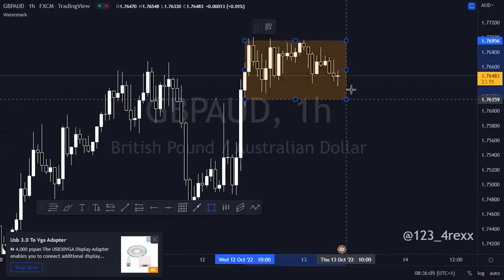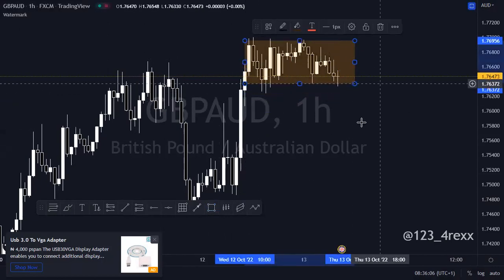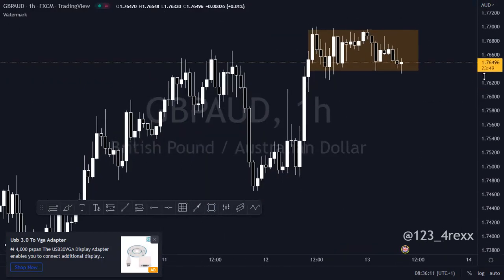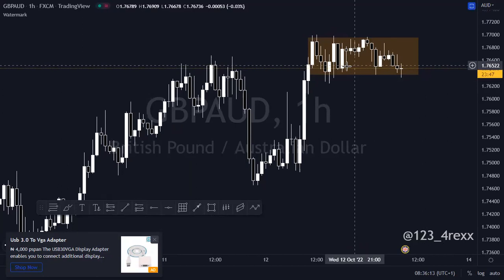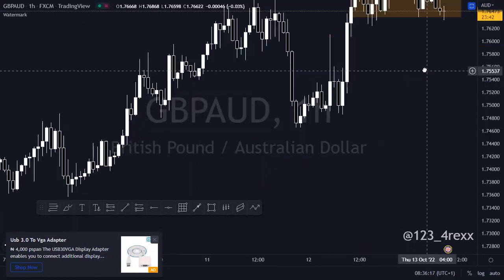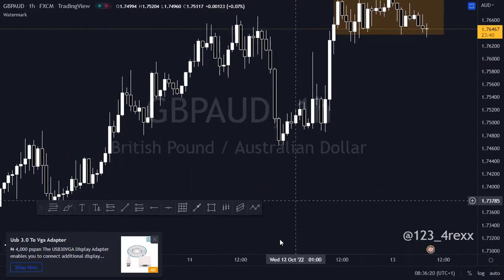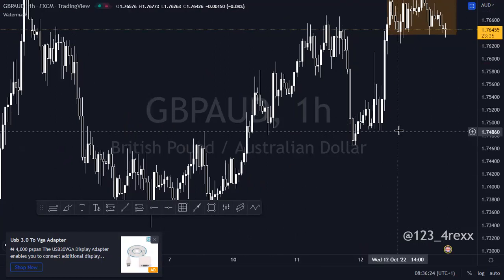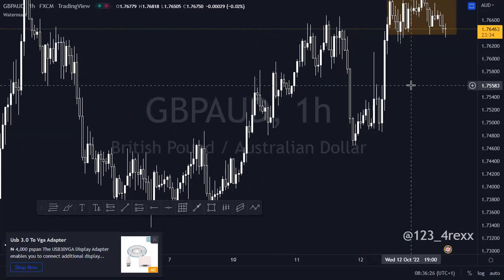It's doing that whole stuff here. Do you know why this pair is actually consolidating here? It's because these pairs move in the same direction. They are correlated. Do you understand? So it's going to be hard for you to see clean moves on them. That's why I don't like trading them, because the other ones have to basically align before you can see clean moves on them.